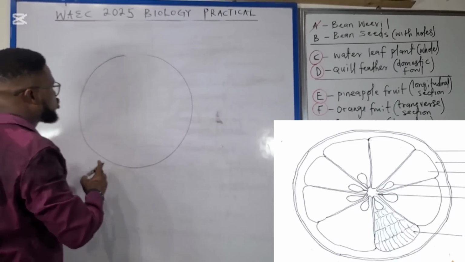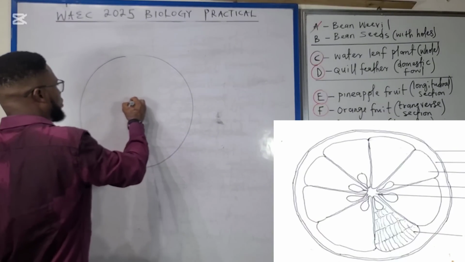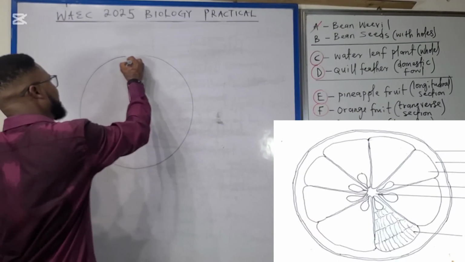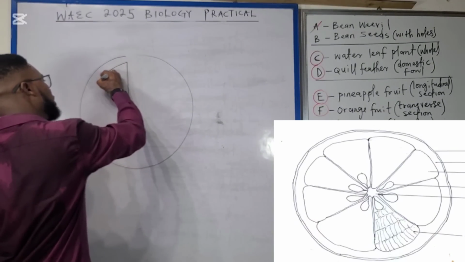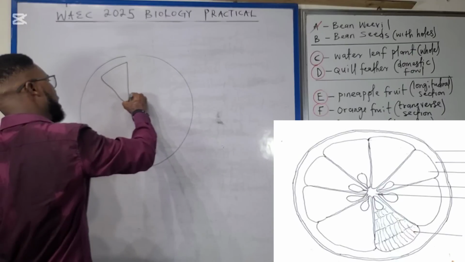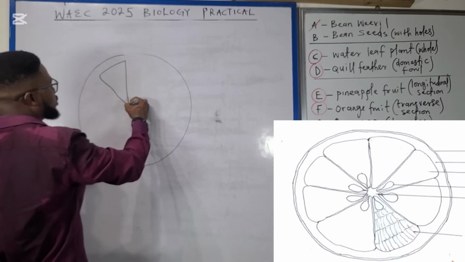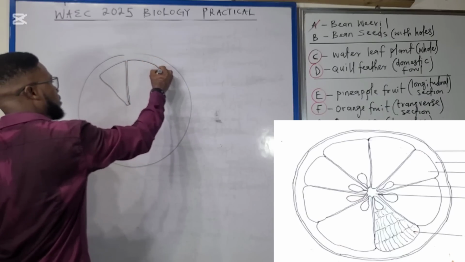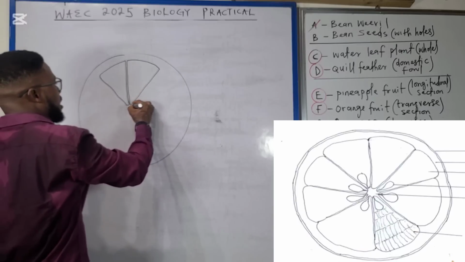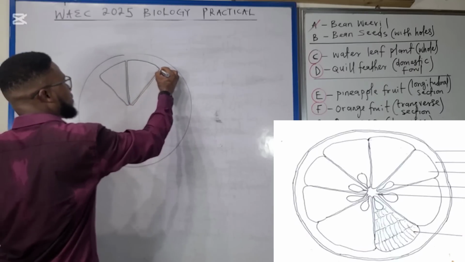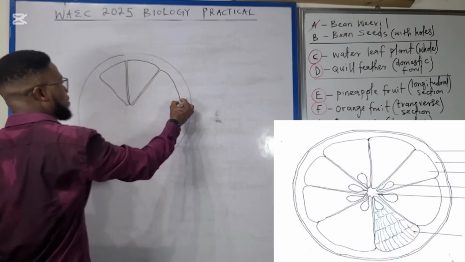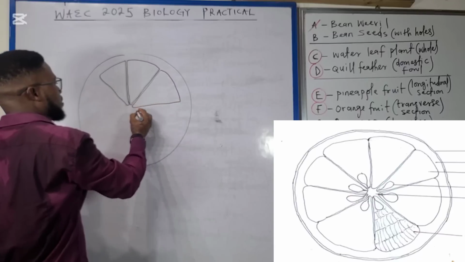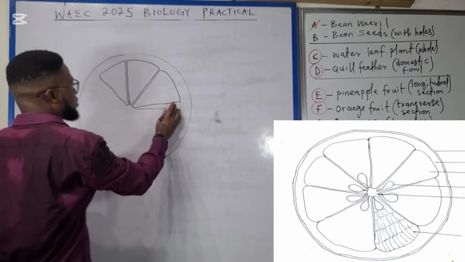The next thing is for you to draw numerous sectors that meet at the center. I could go this way and I could end this way. So I'm going to continue that pattern. Just that pattern, nothing more.